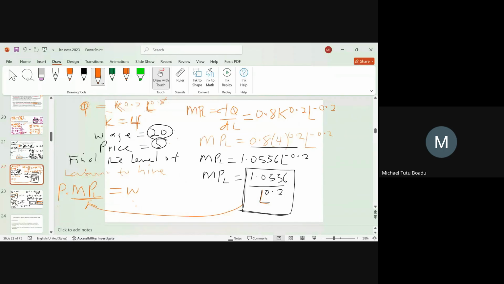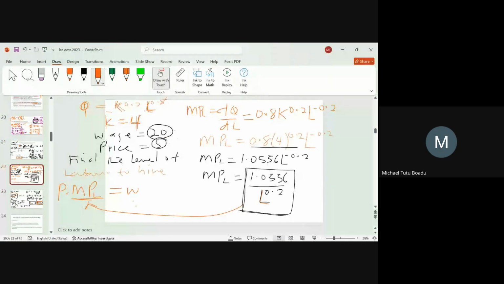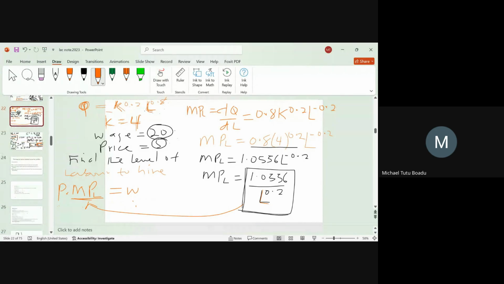That is why you go through this process. And finding L means that the amount of labor you have to hire should be 0.0128. So if I now substitute K, which is 4, and L, 0.0128 here, I can find the Q, the total amount of output that I have to produce.